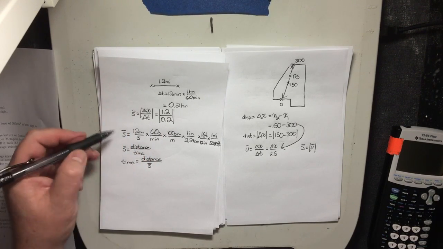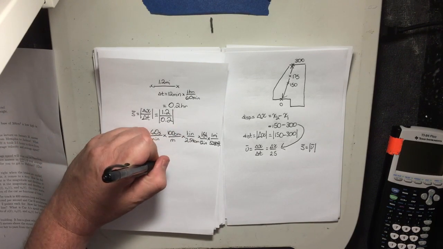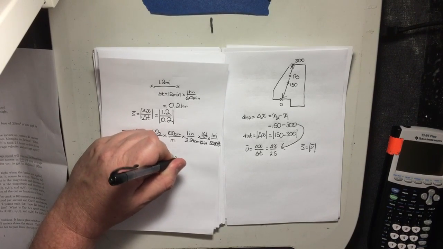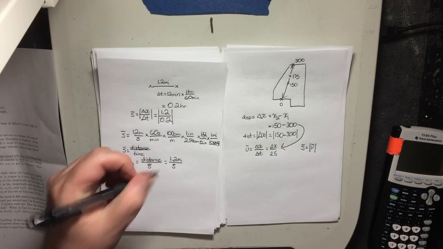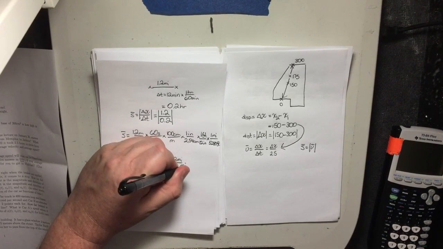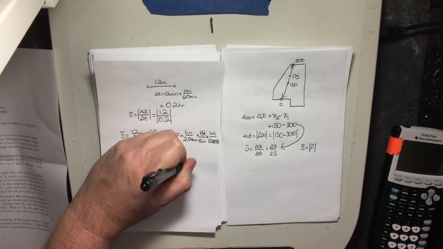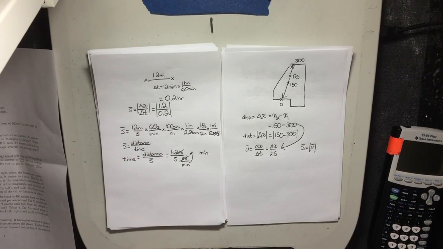The distance is in miles, 1.2 miles. The speed is in miles per minute. You're left with minutes in the numerator. And that's all you would have to do for that part of 8.